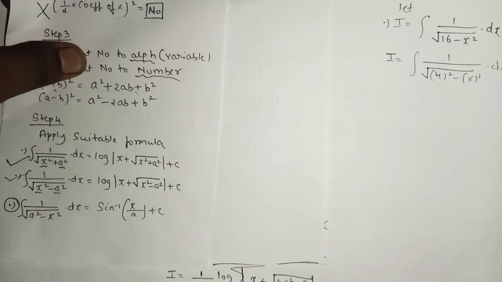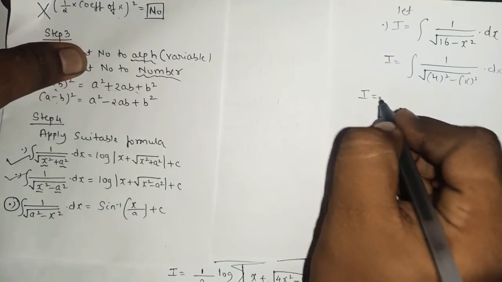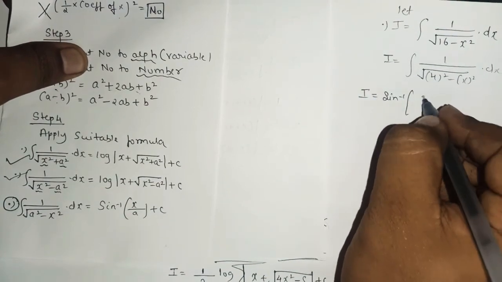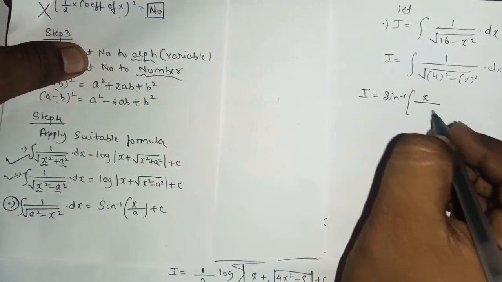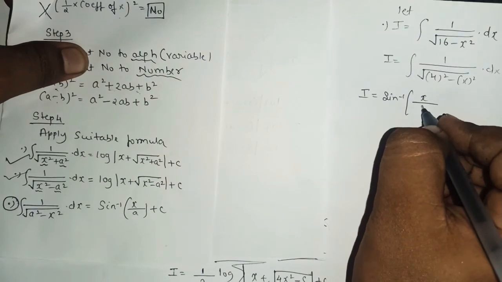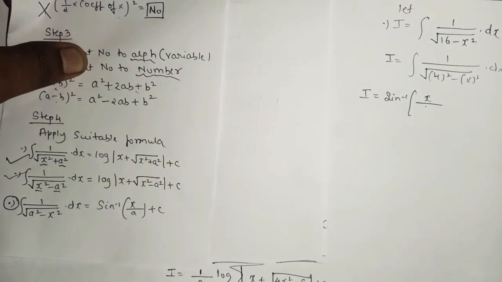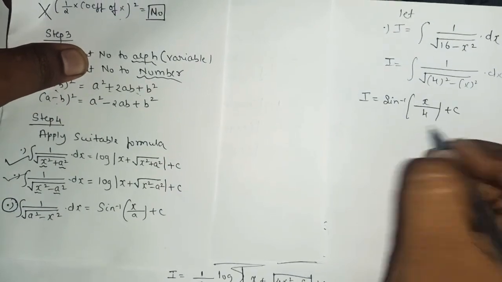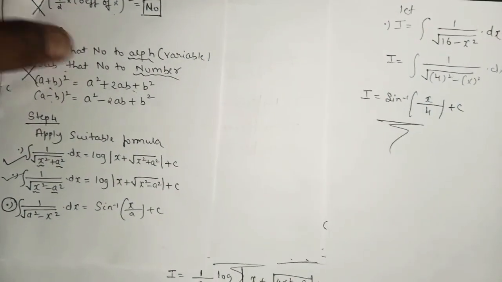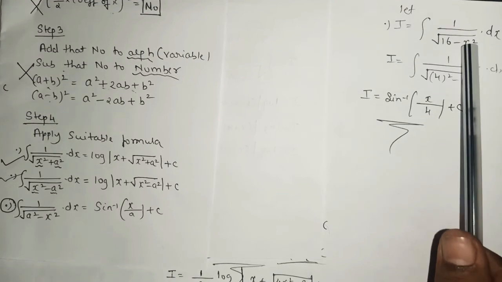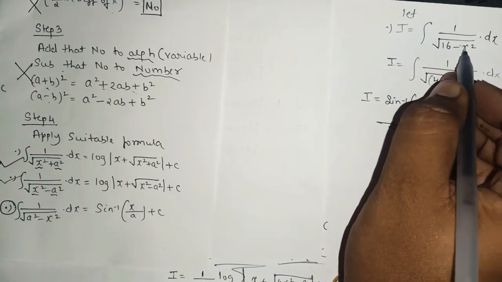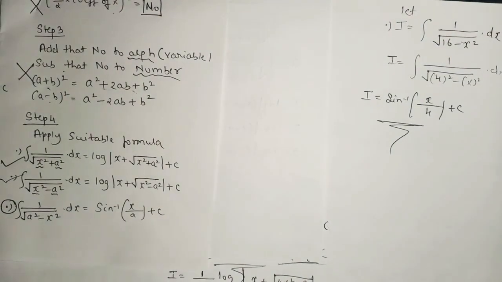Yes or no? It says sine inverse x upon a, what is there in place of x? It is x only. And what is there in place of a? It is 4. Yes or no? Plus c. That's it. Suppose in place of x square there is any constant, first we'll bring the constant outside, and then you will follow the following steps.